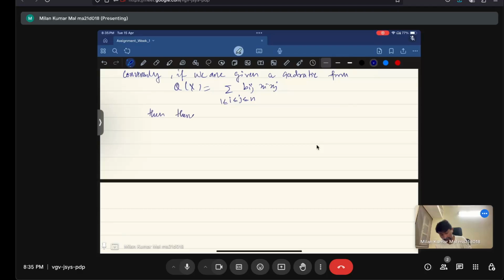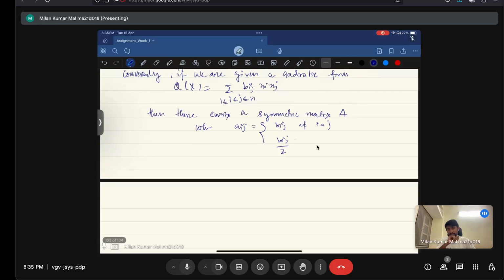there exists a symmetric matrix A, where Aij is equals to Bij if i equals to j, otherwise Bij by 2, or Bji by 2.